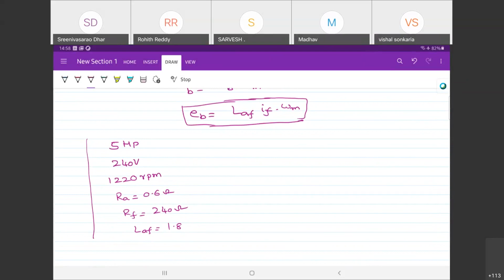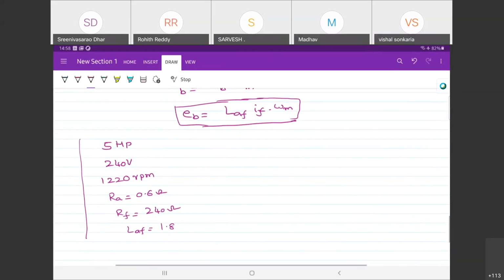By using these parameters, we will develop a model in MATLAB. First we need to estimate this. With the given data, you can calculate E_B. What is E_B? E_B is LAF, which is 1.8, into IF. What is IF?